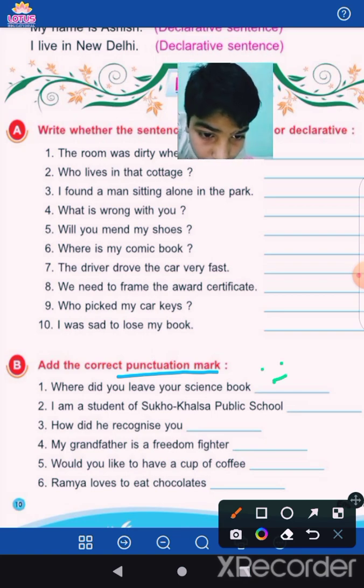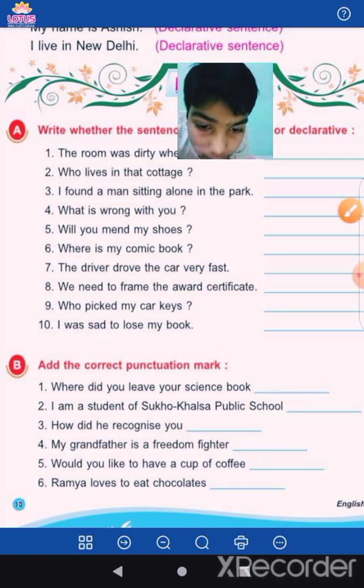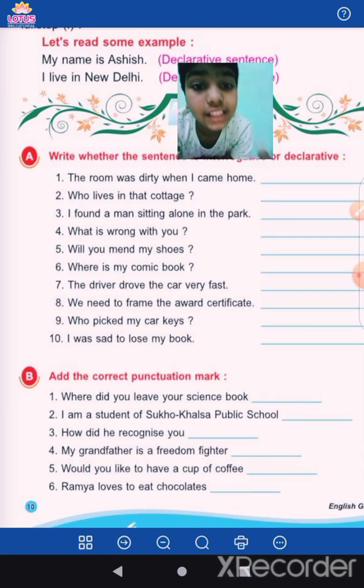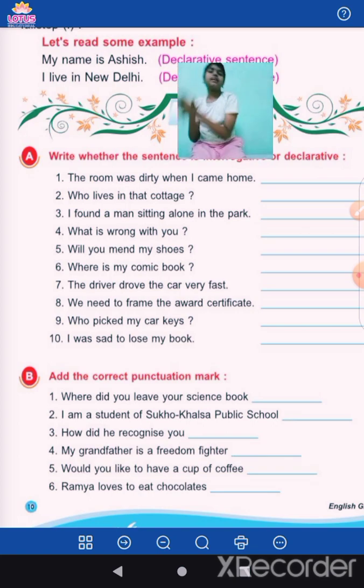Here we are asking a question, right? So here will be a question mark. I am a student of Sukho Khalsa Public School. Here it is a declarative sentence, so here will be a full stop. First try to identify the sentence and then put the correct punctuation, right? That will be best for you. How did he recognize you? We will write a question mark and it's interrogative.